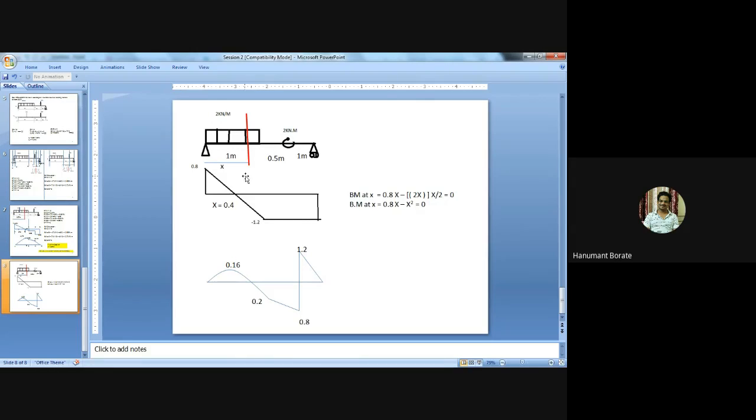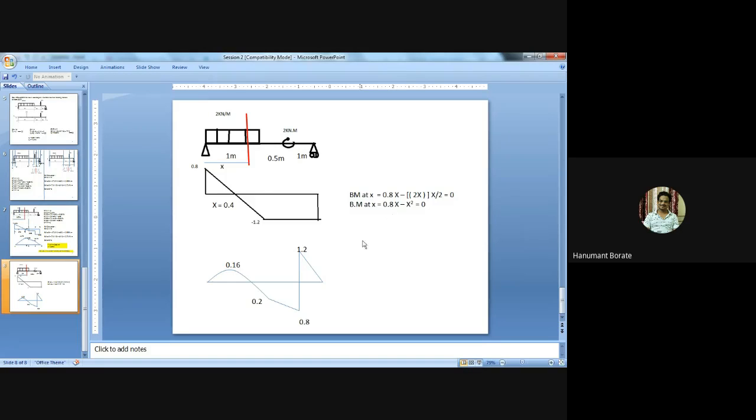That means the value of x should lie between 0.4 and 1 meter. So this value will be 0.8. If we solve the equation we get two values, but we should select only the valid value, right?